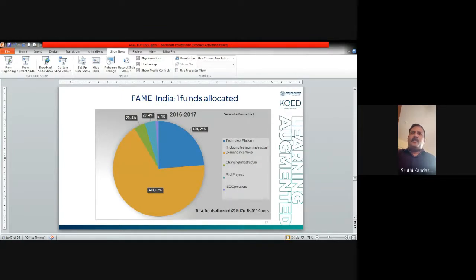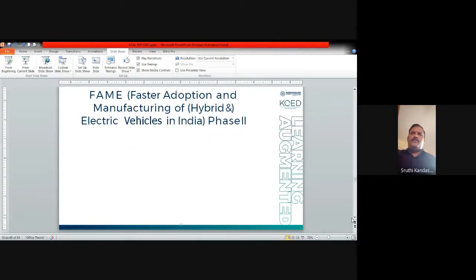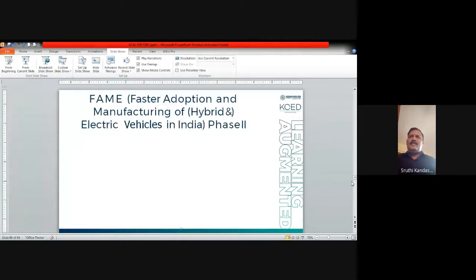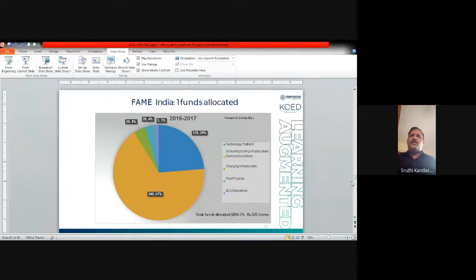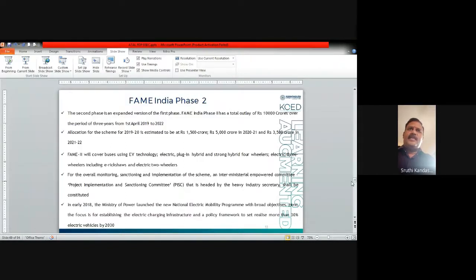The pilot projects are 20.8 percent. Then IEC operations are 5.2. So these are the fund allocations for FAME India for promotion of e-vehicle technology. This is the fund allocation for FAME in 2016 and 17.